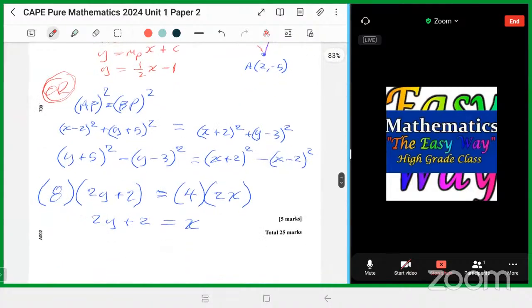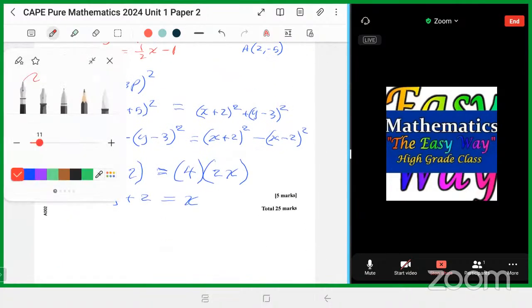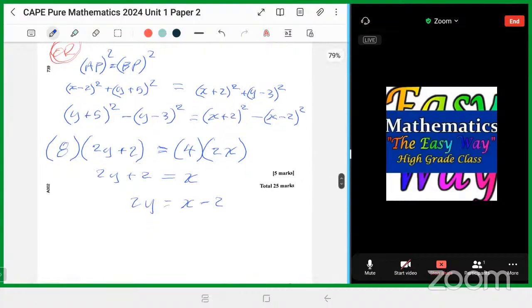So transpose this and make y the subject. We get 2y equals x minus 2, divided by 2, y equals half x minus 1.